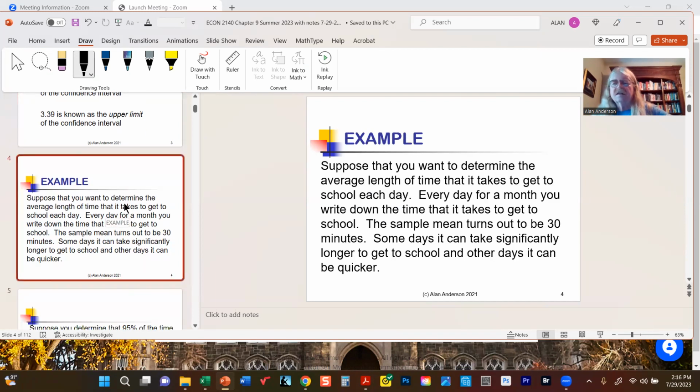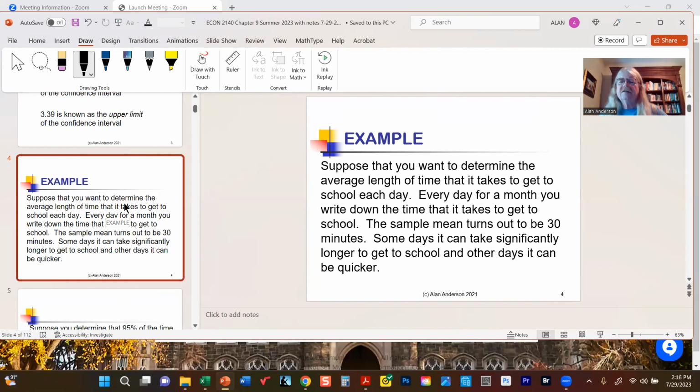All right, well, here's another good example, something you've encountered on a regular basis. You want to determine the average length of time that it takes for you to get to school every day. So let's just say that you write it down for a month, and it turns out that your sample of that month has a mean of 30 minutes.